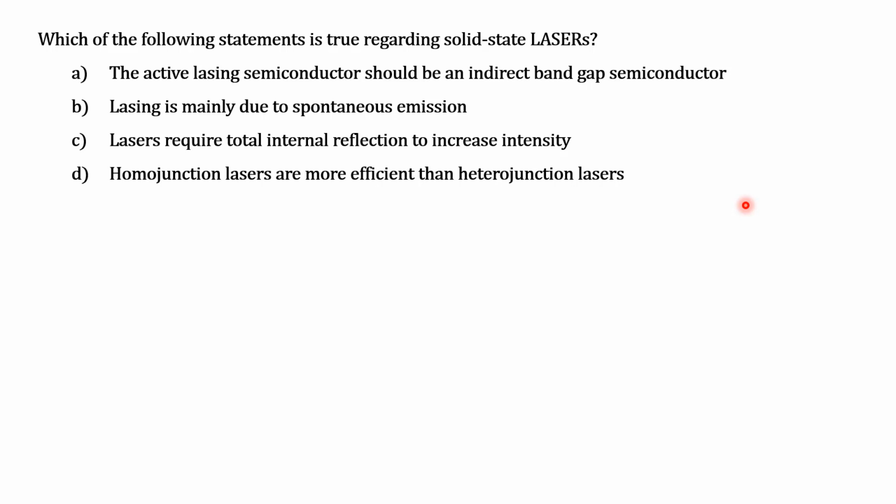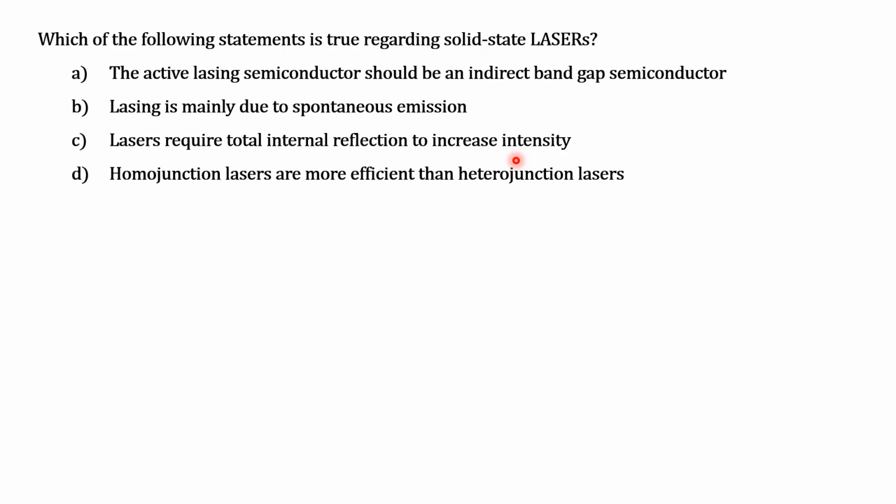In case of solid state lasers, we know it's stimulated emission, so the spontaneous emission option is not correct at all. And lasers will require total internal reflection to increase their intensity. So is it clear to all of you?